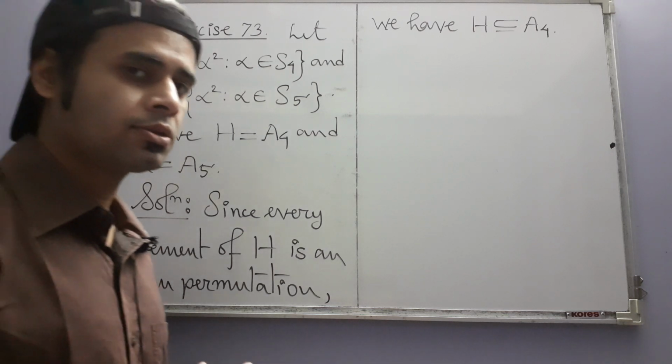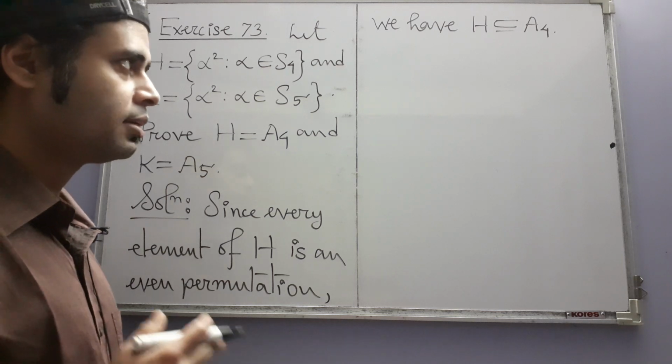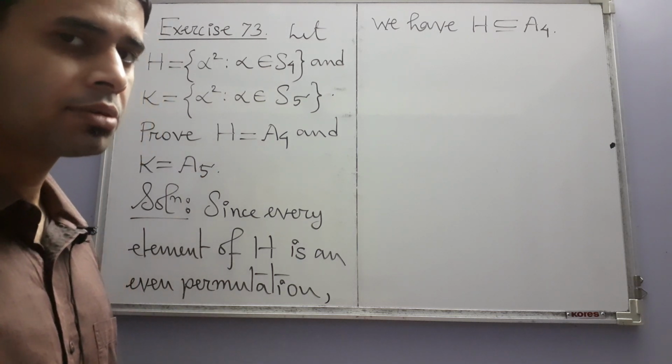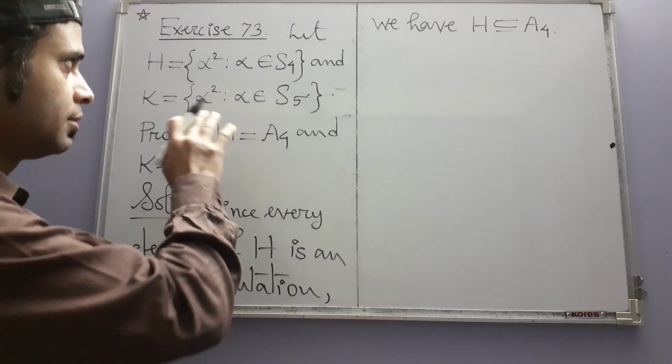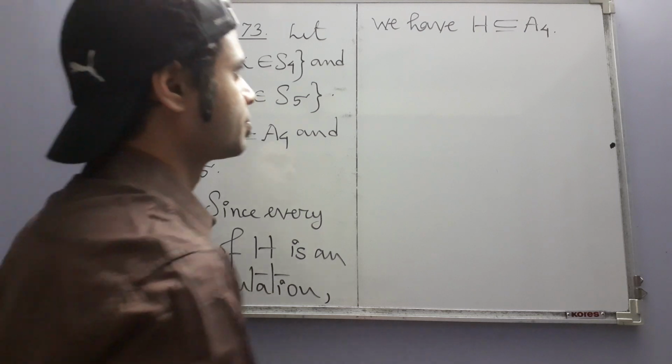But why is it so? Why is it the case that every element in H is an even permutation? Is being a square equivalent to being an even permutation? Well, evenness is a consequence of being a square.